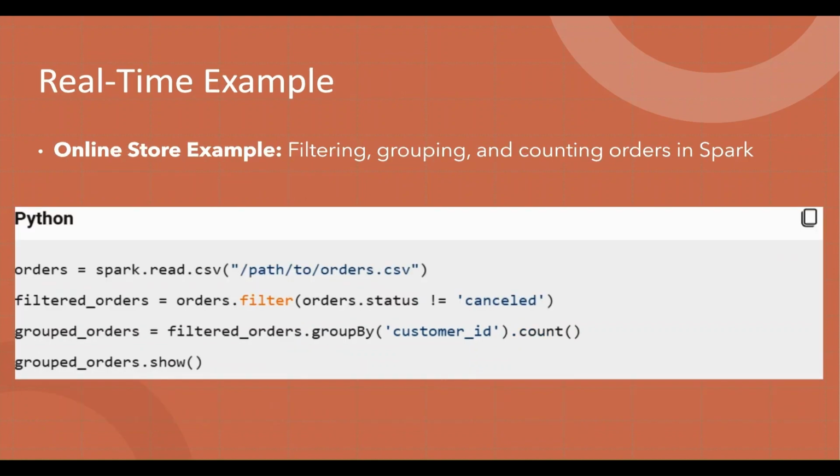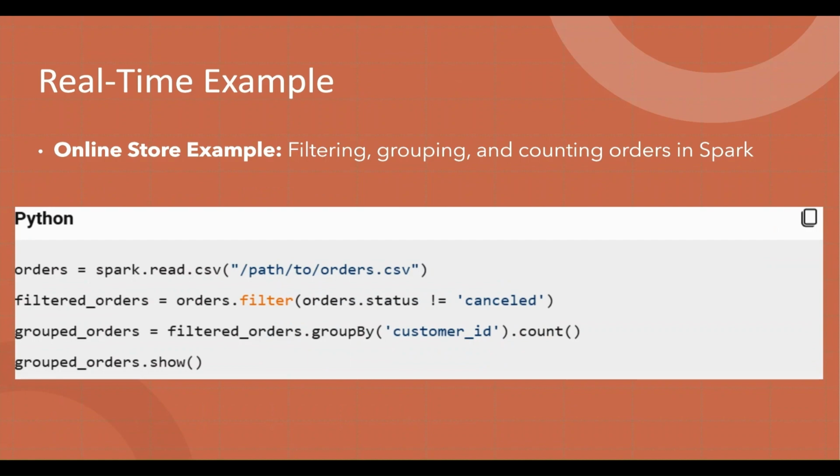Let's take a real-time example. Imagine you are running an online store. In the online store you have a large data set, called customer orders in Spark. Now you want to do the following things.